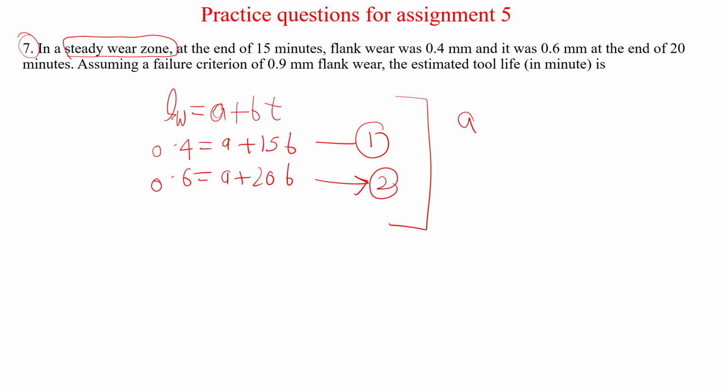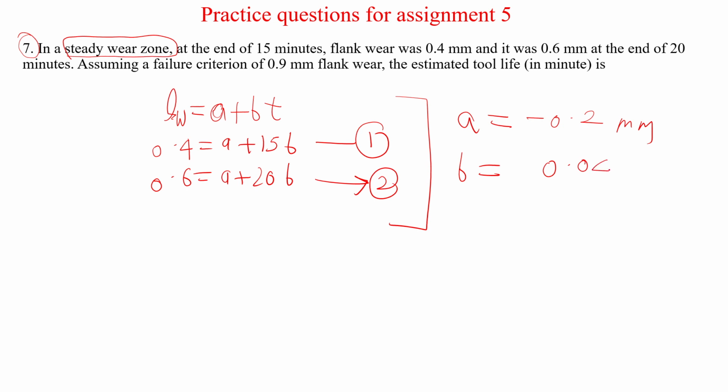What is the value of a and b you are getting? A is minus 0.2, and B is 0.04.